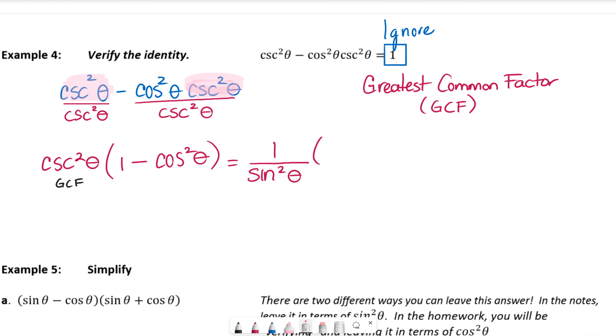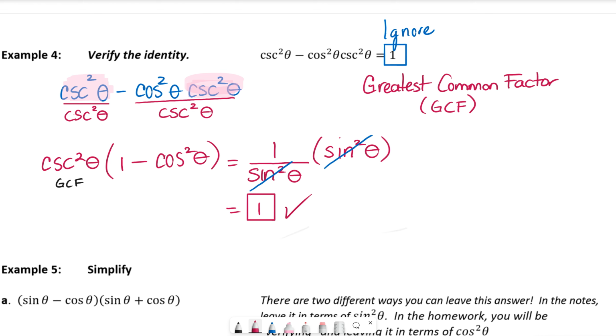And then 1 minus cosine squared theta is one of the trig identities on your formula sheet. And you'll notice that 1 minus cosine squared theta is sine squared theta. Again, once I cross those out, I end up with a 1. And yay, that's exactly what I wanted, because that's what I crossed out at the beginning.